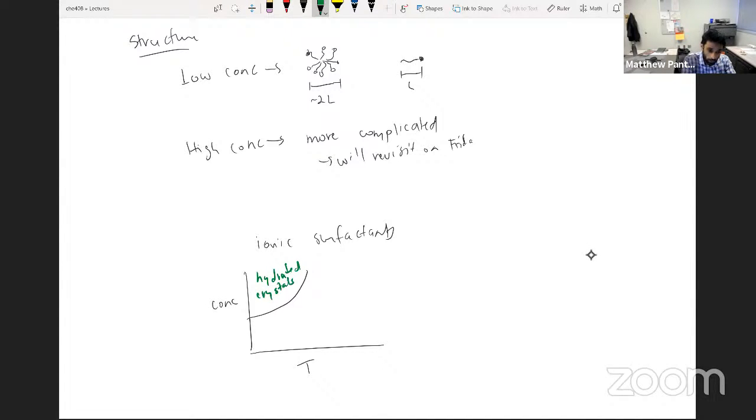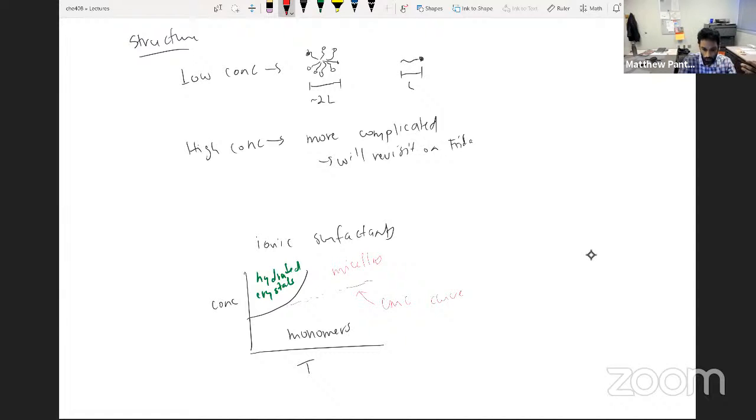At very low concentration, there will be monomers, meaning unassociated surfactant molecules. And at some boundary here, we'll have micelles, where this dashed line here would be the CMC curve. If you were to draw the CMC versus temperature, that would be that right there.